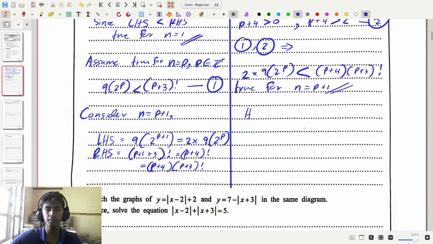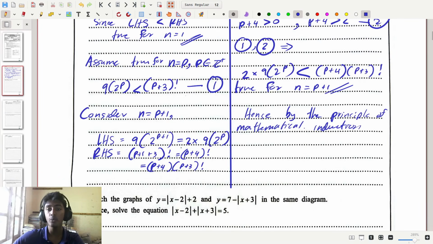The general structure of this sentence is like this. We first say, hence, by the principle of mathematical induction, which is the part that we always say, and then we describe what we did. So what we did first was establish the base case for n equals 1.